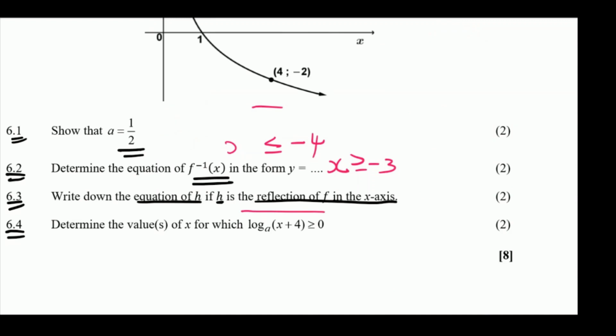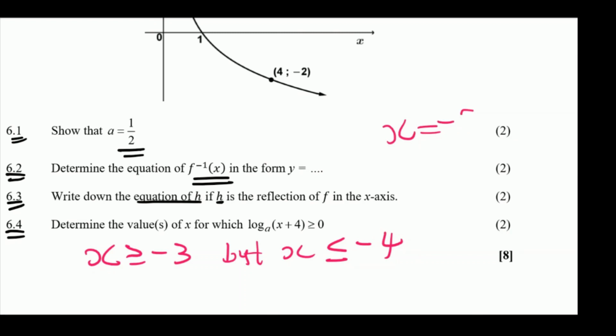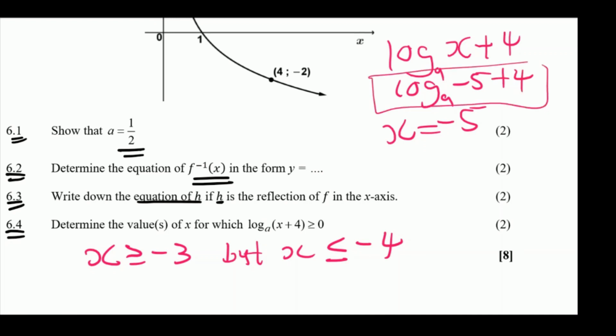But if you didn't understand what I was doing, please write your questions in the comment section below. But as we concluded, or as we tested, we know that x must be greater or equal to -3, but x must also be less than or equal to -4, because if x is equal to -5, it gives you a negative log, because it's x plus 4. If you substitute, log base a of (-5 + 4) gives you a negative log.